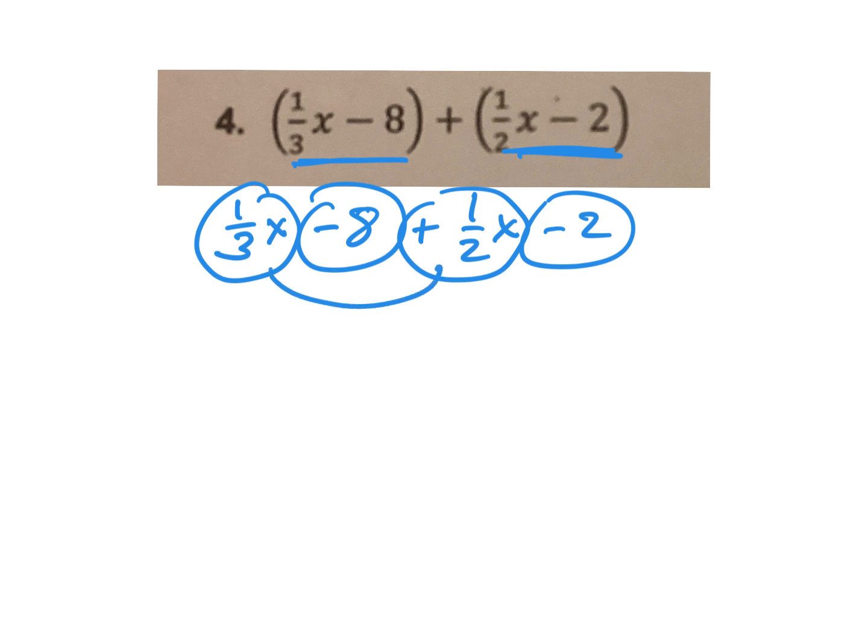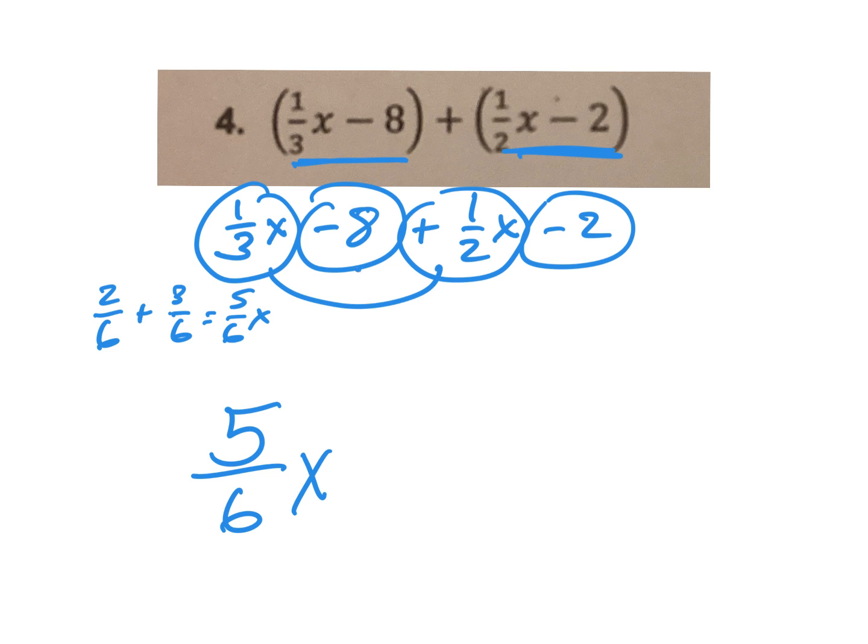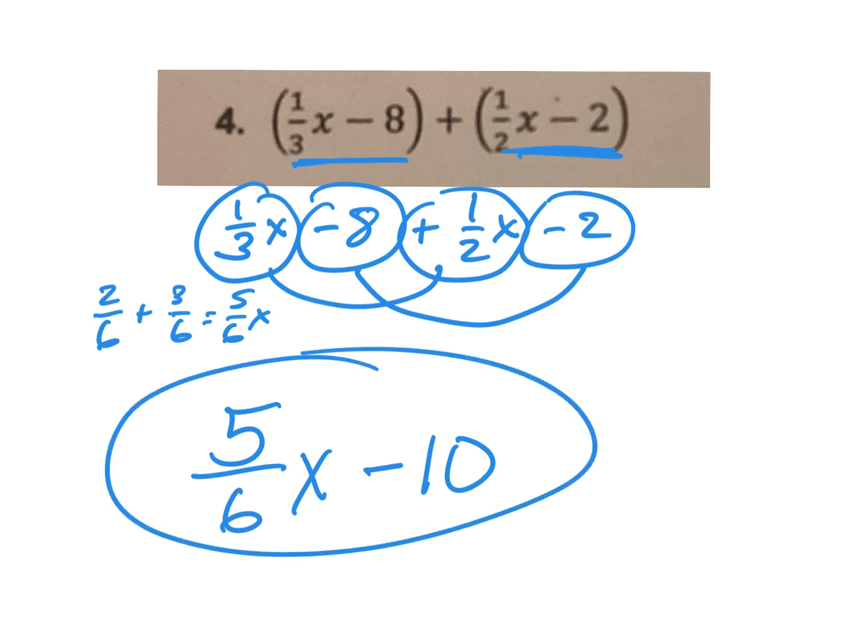When I do that, 1/3 is 2/6 plus 3/6 equals 5/6 x. So I'm going to start out with 5/6 x, and then I'm going to put my -8 with my -2. I add those together, and I get a -10. And that's my answer.